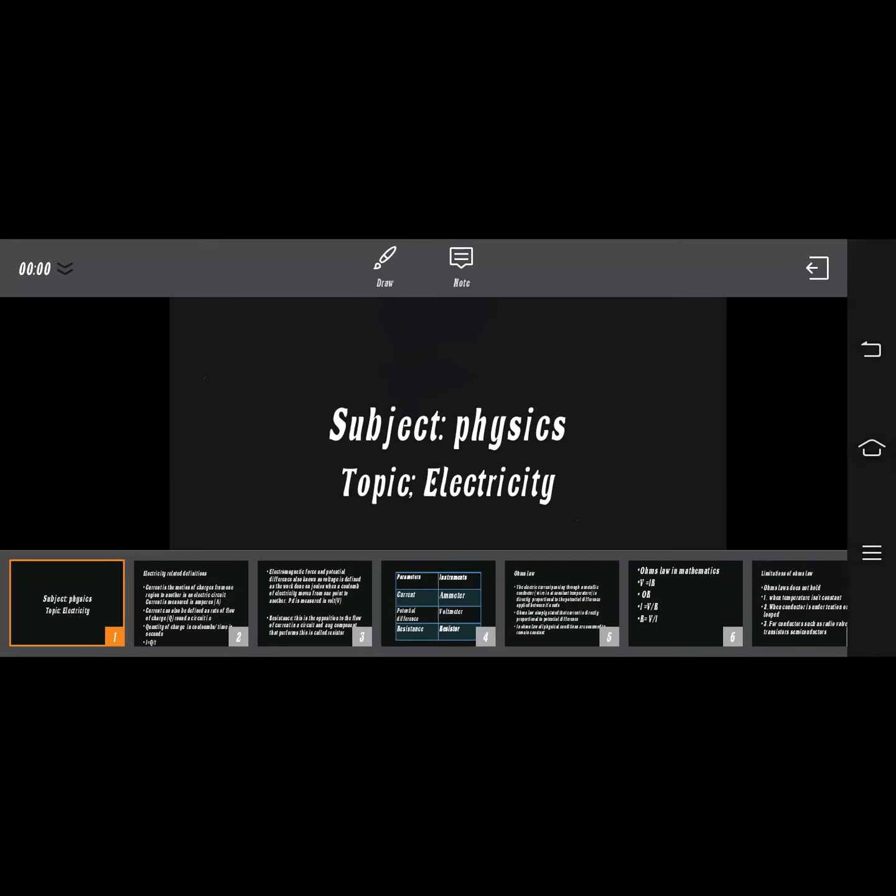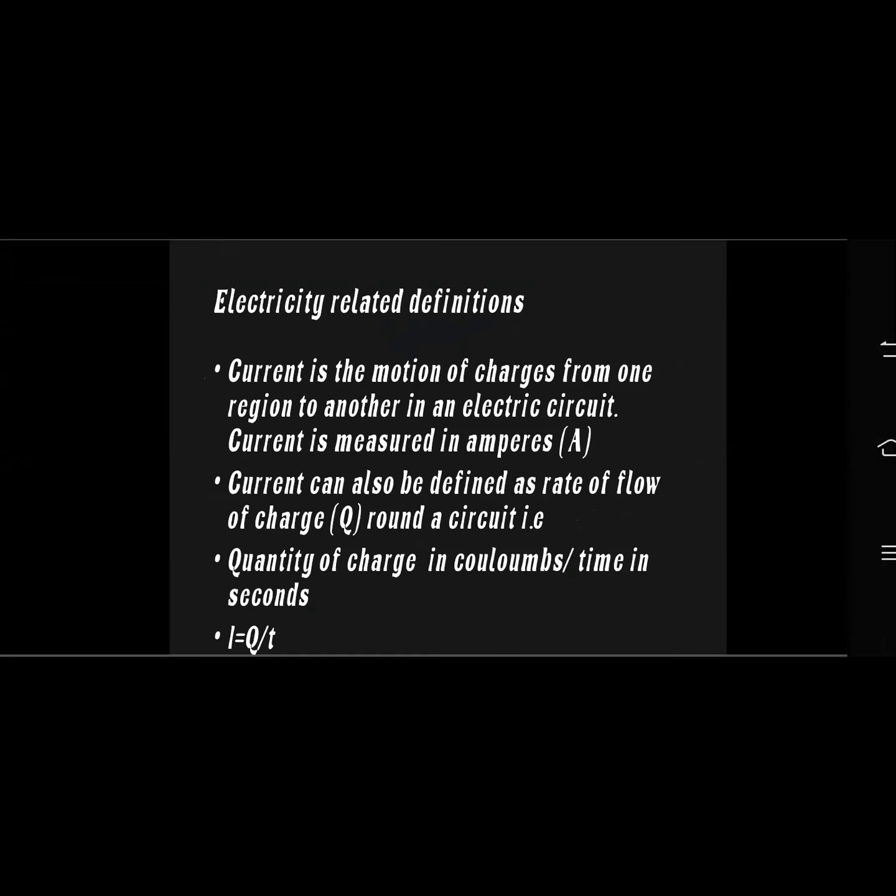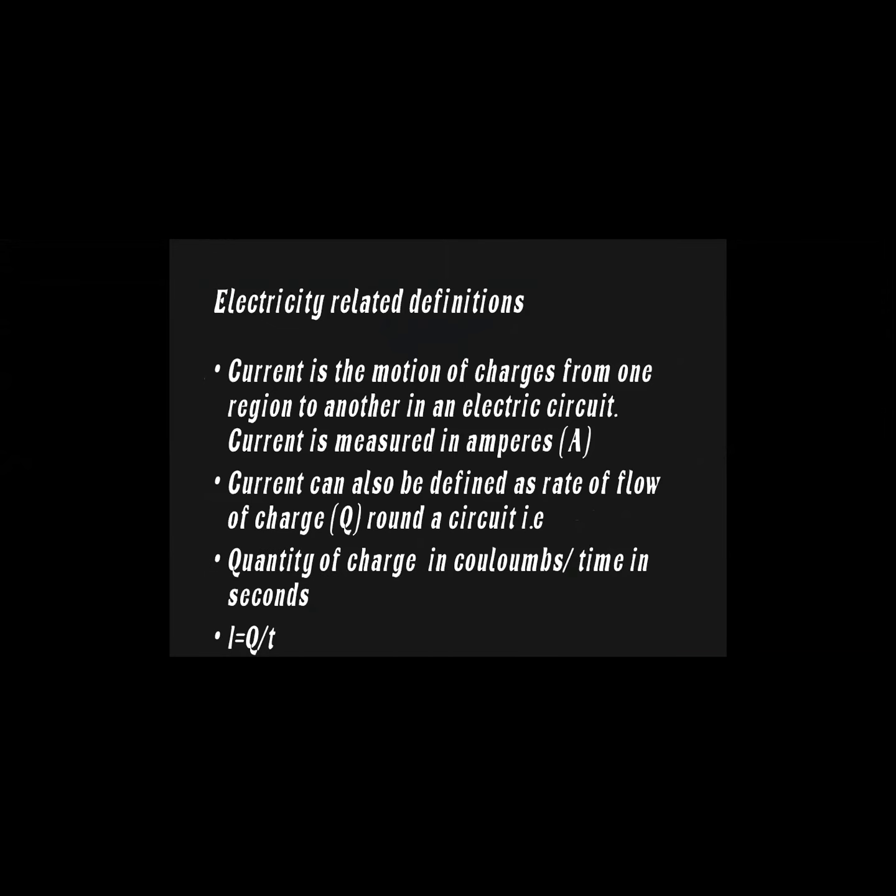Okay, guys, I hope you can see my screen clearly. We're doing physics and it's still electricity. We're going to be starting with basic definitions in electricity. Current. I'm sure we've all heard of current before. Because when I said all of you should define electricity, you said when current flows, when current flows.